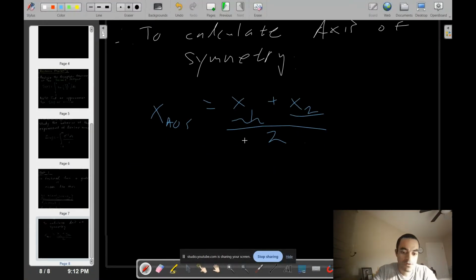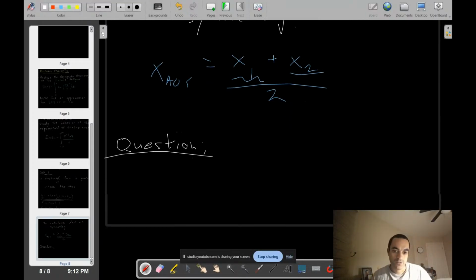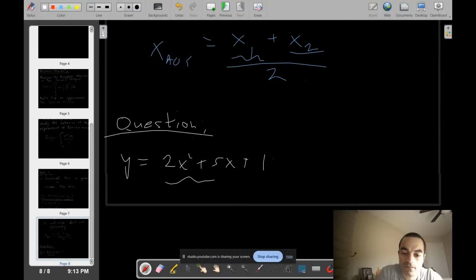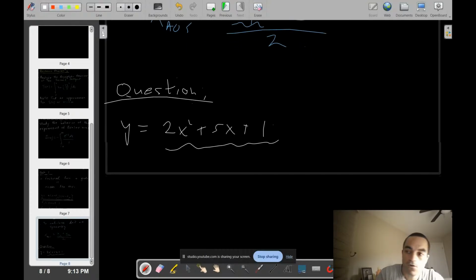So for instance, let's say you have a question like this. Let's say you have y equals 2x squared plus 5x plus 1, and this equation goes through the point 1, 0.